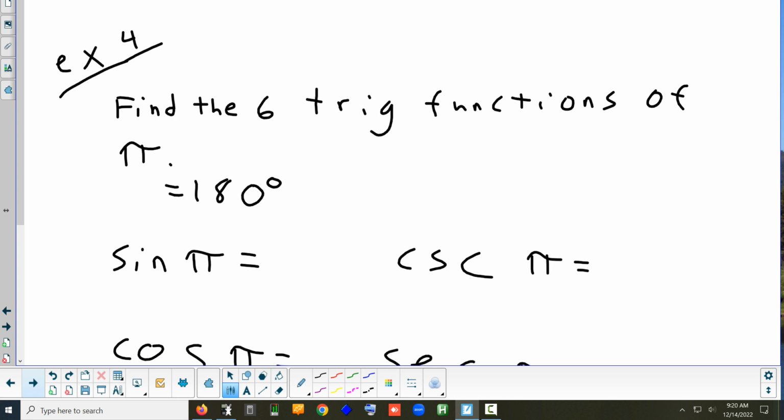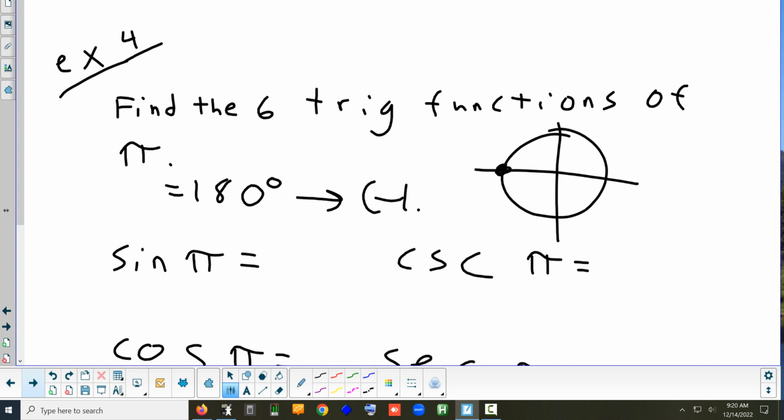Okay, so now we've got something a little easier to think about. Imagine where 180 is. It's halfway around. And what's the coordinate if you go halfway around for 180? -1, 0. And now you would take the -1 and the 0, and you would fill them into all your formulas. Are there any questions on how to fill those in?